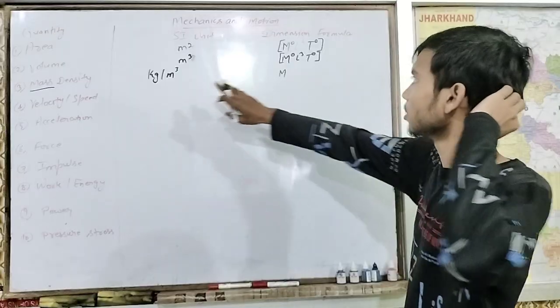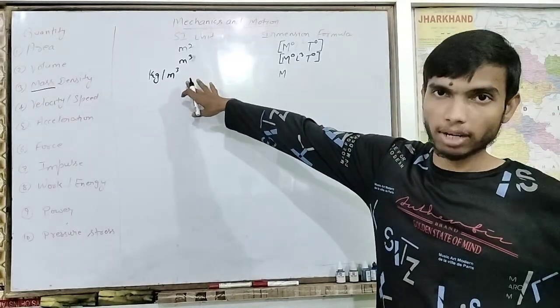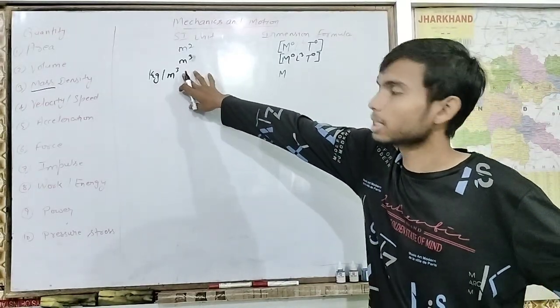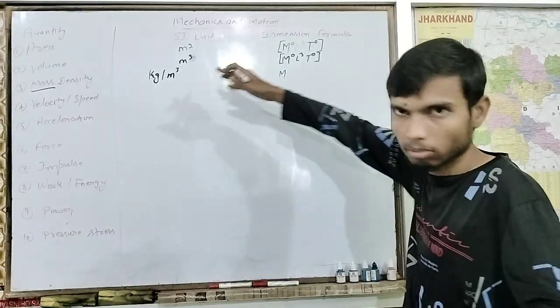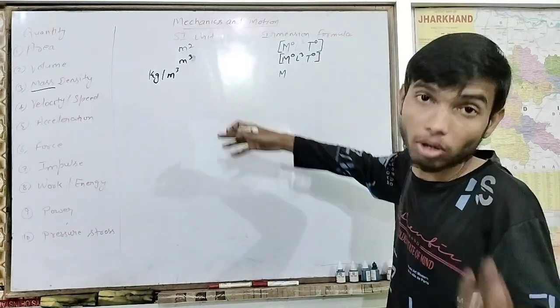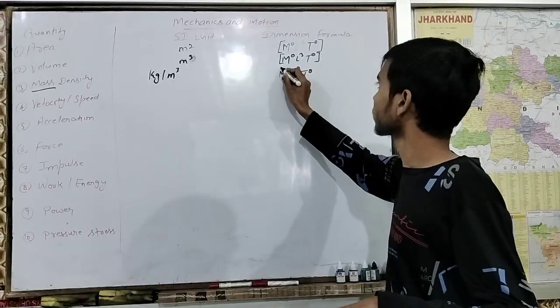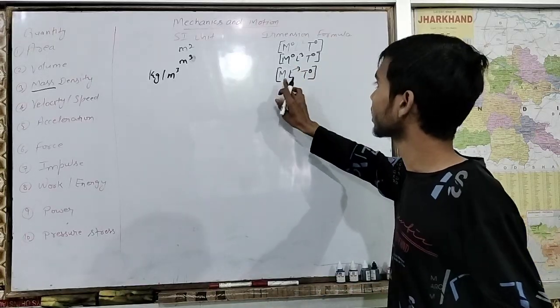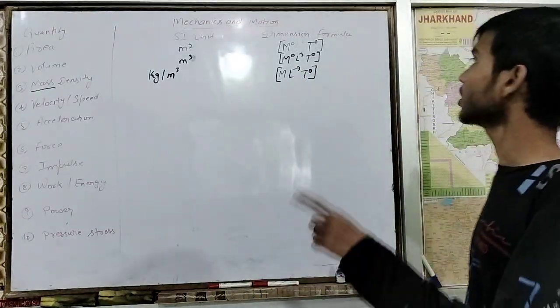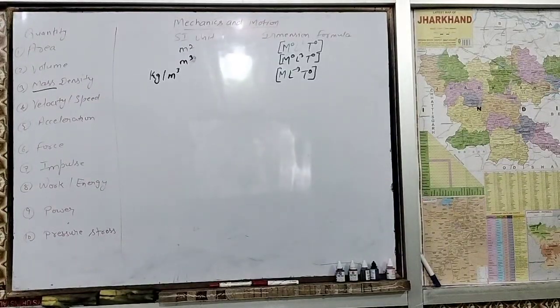And here we have length, and this three is in the denominator. For the denominator we write a negative exponent. So L is minus 3 and T is nothing. Here we are saying M is 1. M1, L minus 3, T 0. That is how it is written.